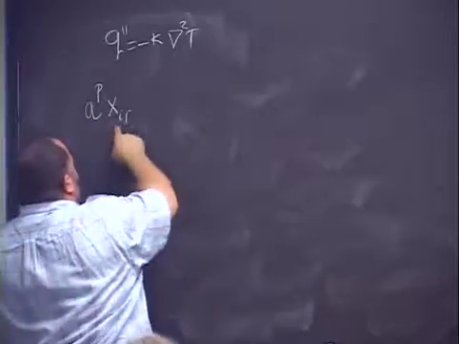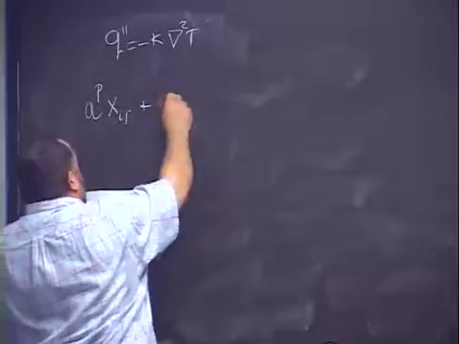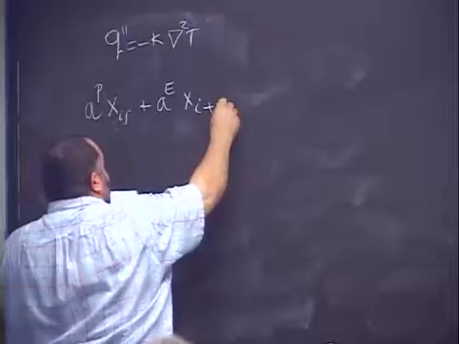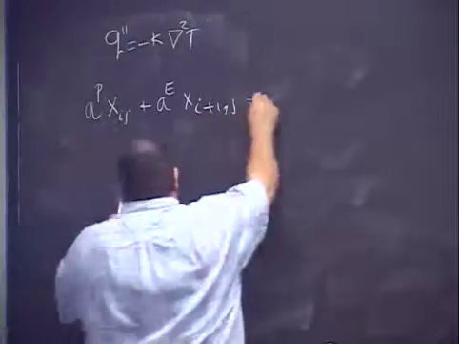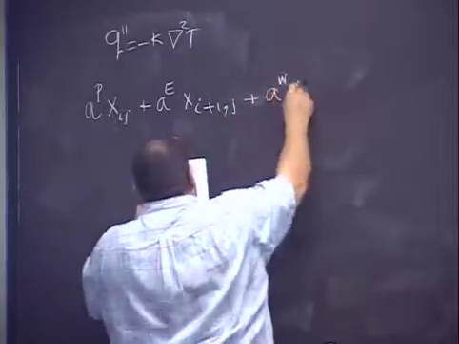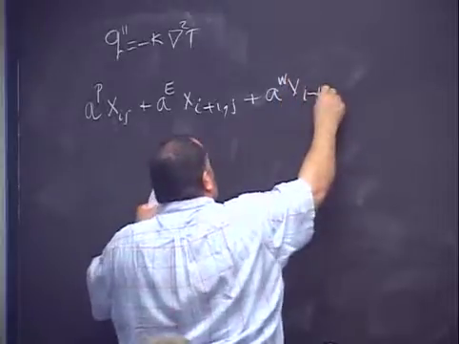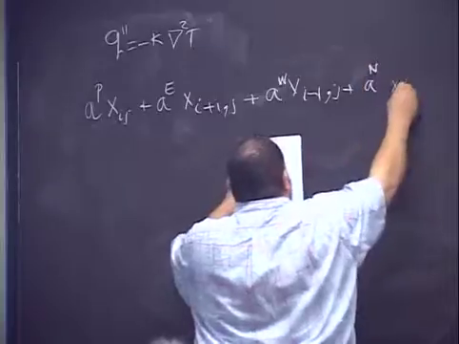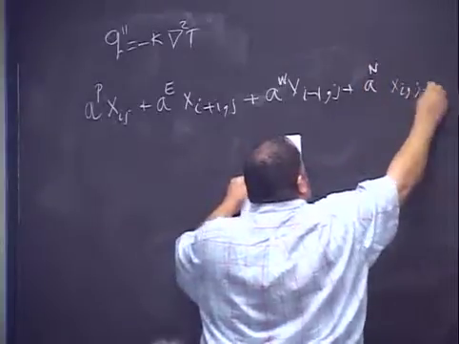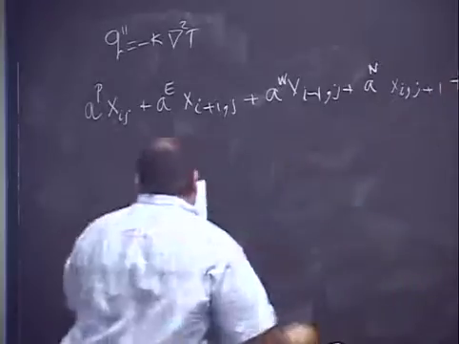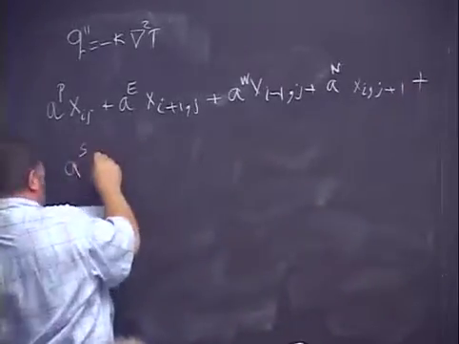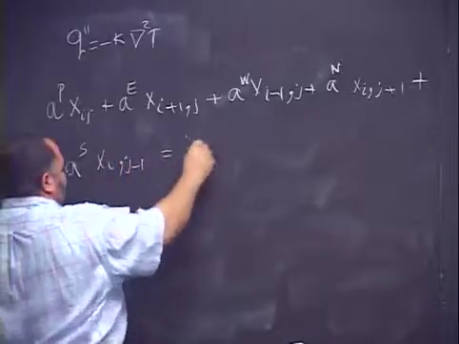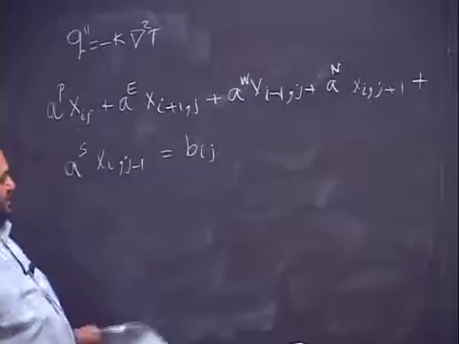So A P x i j plus A east multiplied by x i plus 1 j plus A west multiplied by x i minus 1 j plus A north multiplied by x i j plus 1 plus A south multiplied by x i j minus 1, all equal to some constant, b i j.